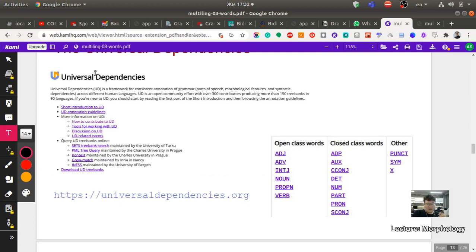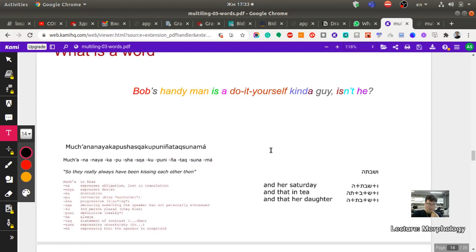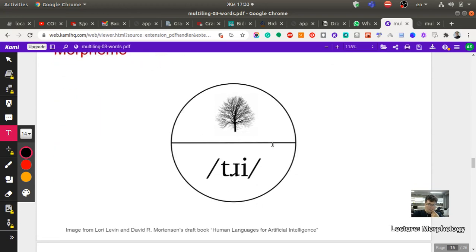Scientists tried to make Universal Dependencies, and they specified these categories: adjective, adverb, interjection, I think, noun, proper noun, verb, auxiliary verbs, conjunction, determiner. Determiner is a and the, for example. Numeral, particle, pronouns, etc. Punctuation. So, okay.